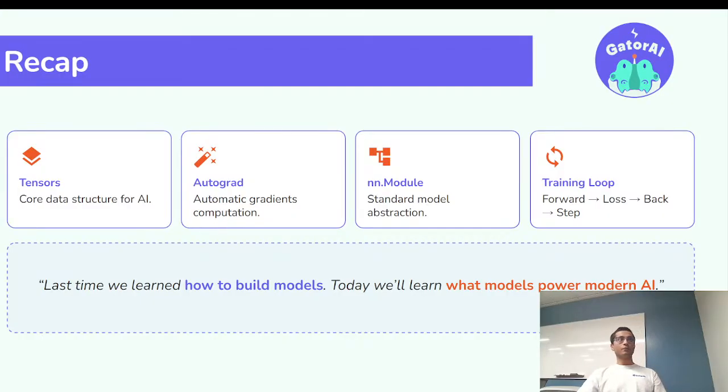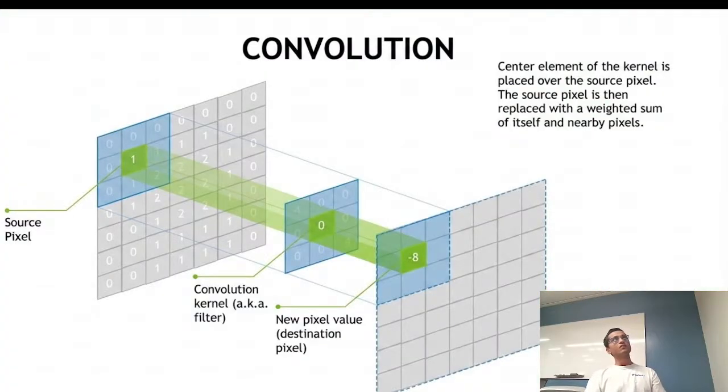Today we're going to understand what type of models are used in industry right now, specifically some of these attention networks and transformers. This image is a bit cut out, but this is a convolutional neural network that's used for a lot of image detection.